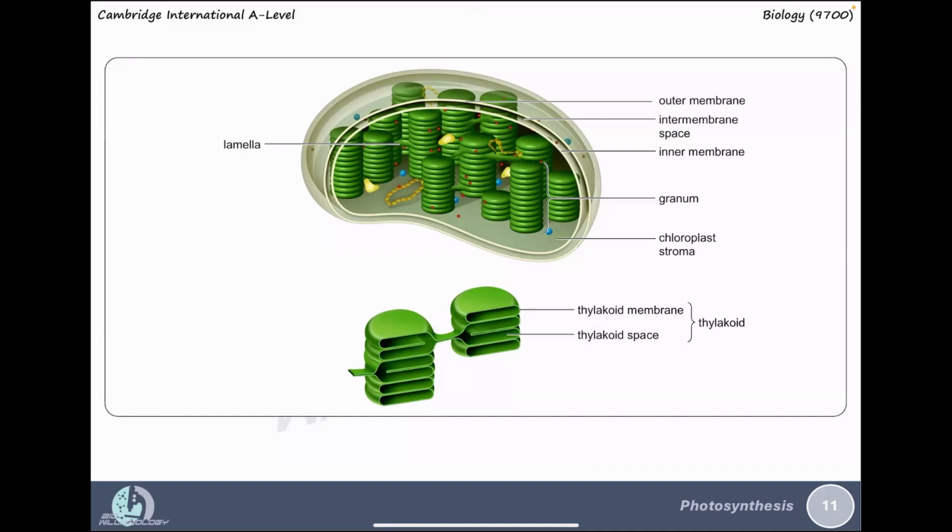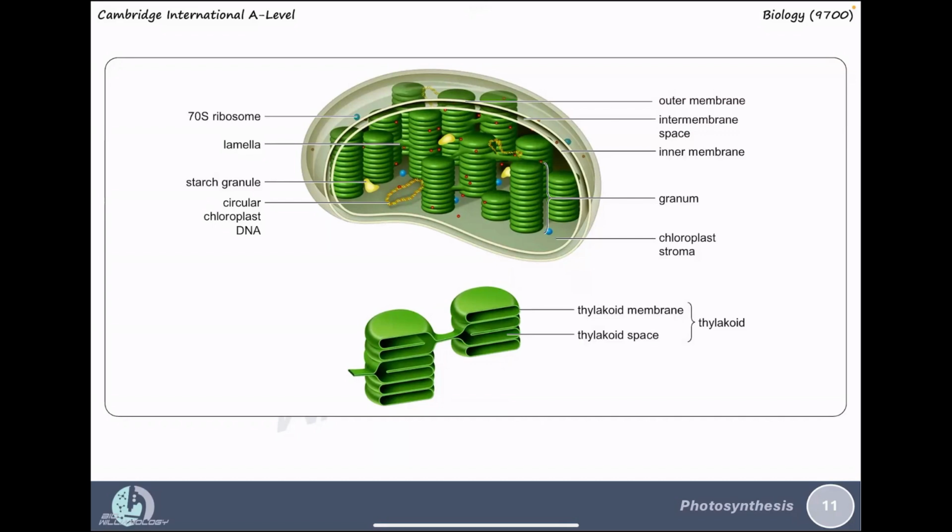The semi-fluid structure that's surrounding this grana is known as the chloroplast stroma. Within this chloroplast stroma, we can find circular chloroplast DNA, 70S ribosome, as well as a starch granule.